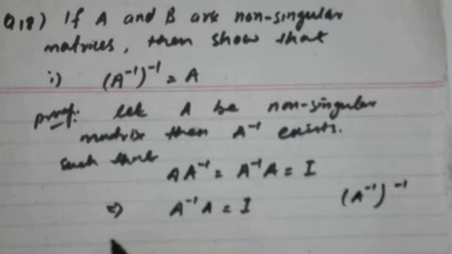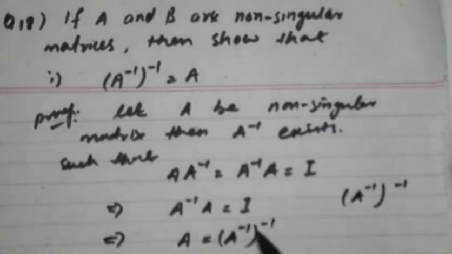So we can write it as A equals (A inverse) whole inverse into I. When it is multiplied by I, it becomes A equals (A inverse) whole inverse, or we write it as (A inverse) whole inverse equals A. We have proved it.